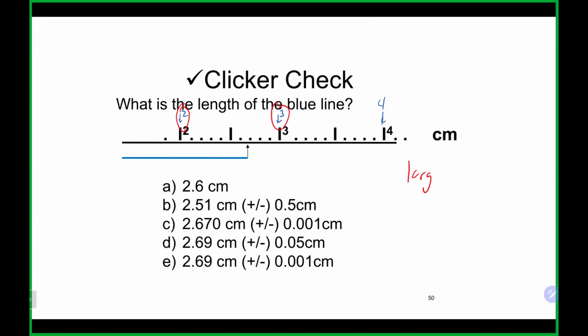So our large markings is going to be 1 centimeter difference. Again, if we count our smaller markings starting here, that's 1, 2, 3, 4, 5, 6, 7, 8, 9, and 10. So if we divide that by 10, that's going to give us some small markings of, what we got there? 0.1, thank you, centimeters.